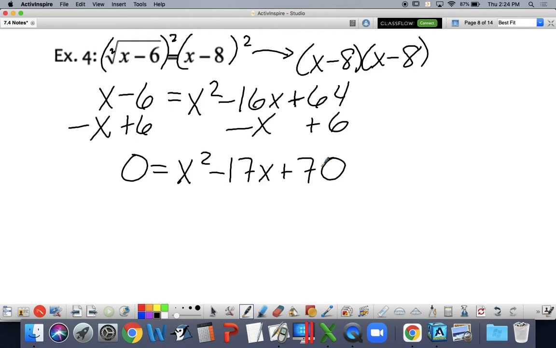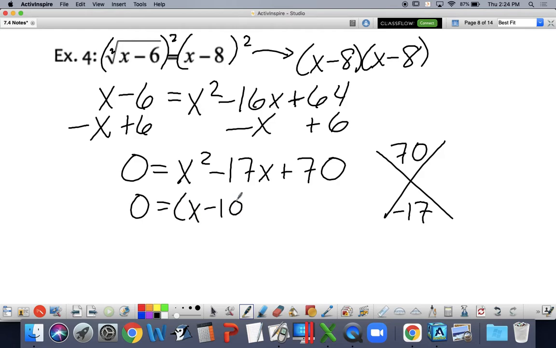Remember this whole, oh, right, I've got to think about my x marks the spot. Multiplies to give me 70, adds to give me negative 17. What two numbers do we have there? 10 and 7, or negative 10, yes, negative 10, negative 7.